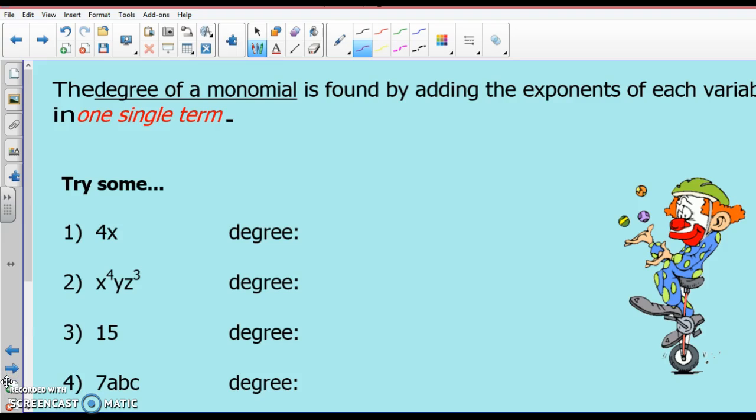Okay. The degree of a monomial, which is one term, is found by adding the exponents of each variable in one single term. So, if I want you to find the degree, what's the degree of this monomial? Degree of the variable. 1. Just the variables.